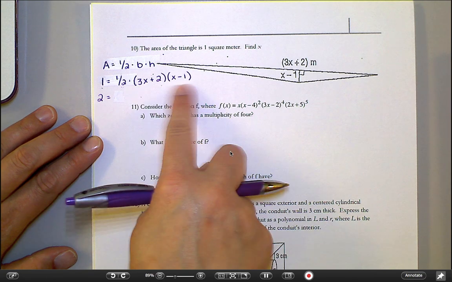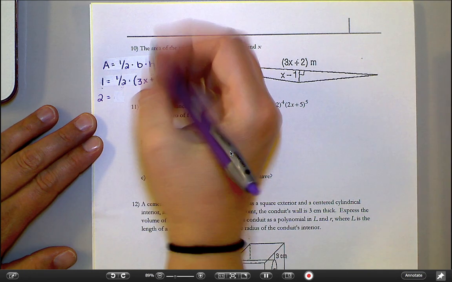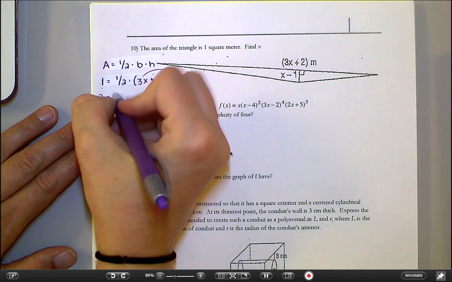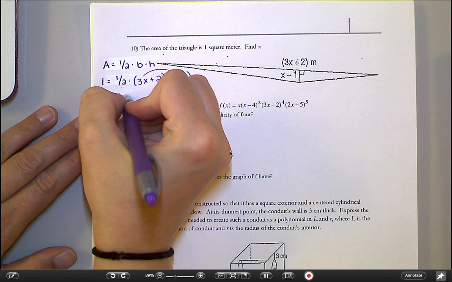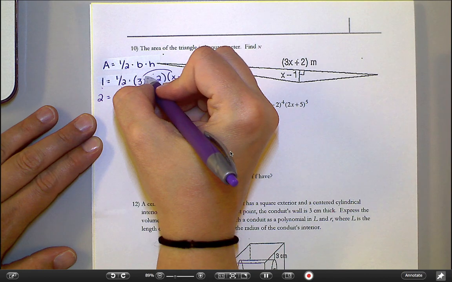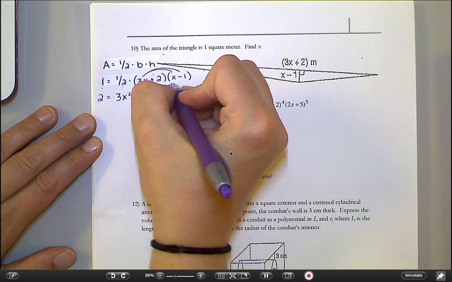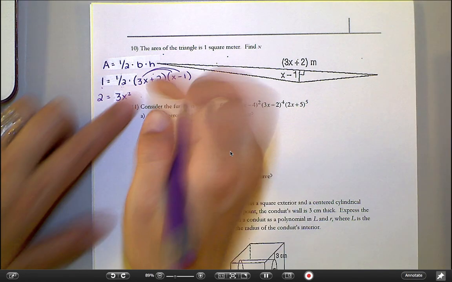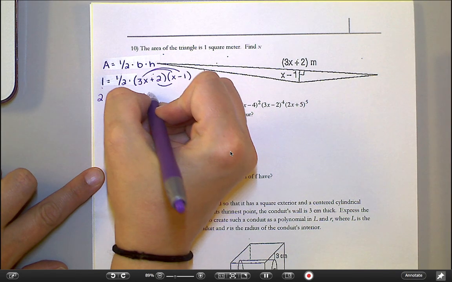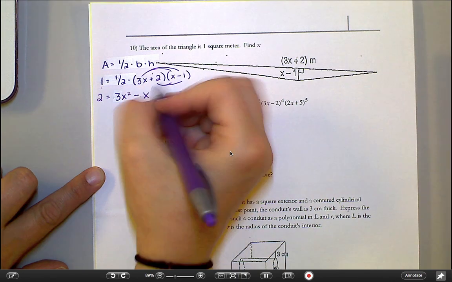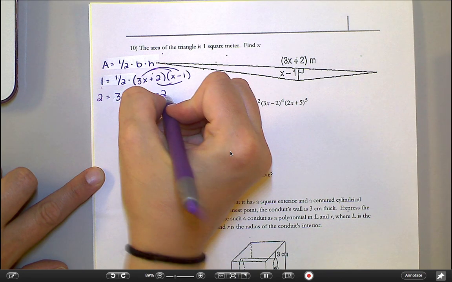Now I'm going to FOIL these two things together. So 3x times x is 3x squared. 3x times -1 is -3x, and then I have a 2x. So I have -3x and 2x, which makes -1x. And then 2 times -1 is -2.